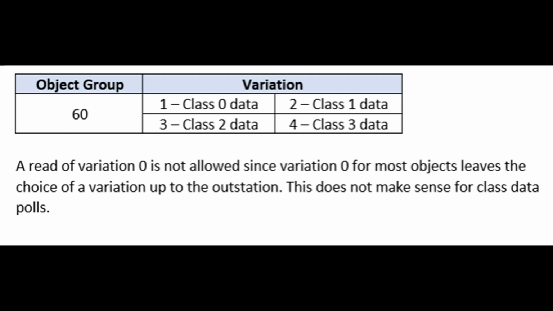So 1 is used to read class 0 data, 2 for class 1 data, 3 for class 2, and 4 for class 3. A read of variation 0 is not allowed, since variation 0 for most objects leaves the choice of a variation up to the outstation. This does not make sense for class data polls.